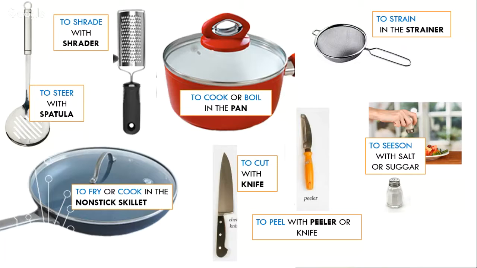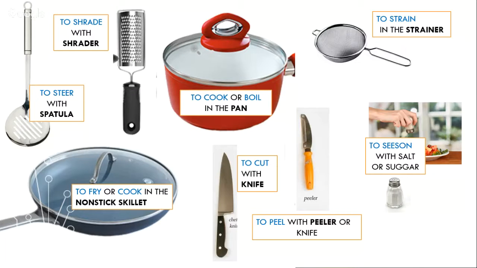When you are preparing a soup, you are moving the spatula from side to side so the soup won't stick or something like that. You stir, mix, move. The next one is to shred with the shredder.